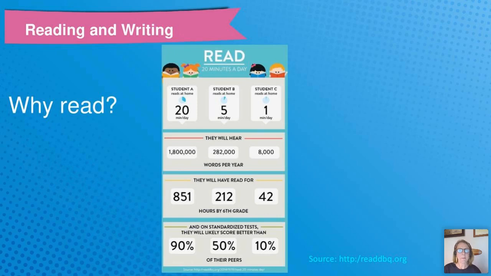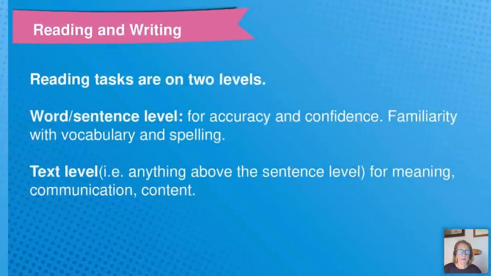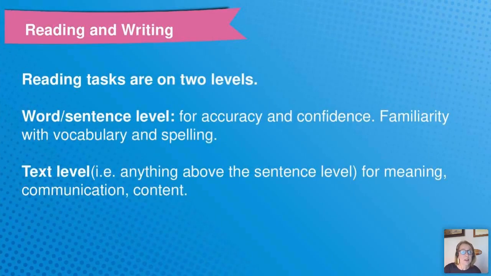Okay, so what happens when we read? Reading tasks are on two levels, really. There's the word and sentence level, and the other is the text level. The word and sentence levels build accuracy and confidence, and they require learners to be familiar with vocabulary and spelling. The text level involves meaning, content, and communication.